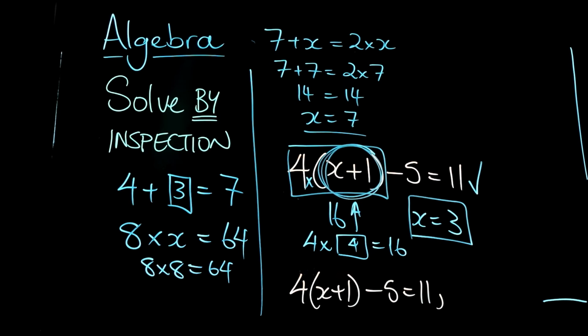You could just go comma x is equal to 3 for that to be true. And that would be a suitable way to write your answers. So I'm going to pause and clean the board and come back with a few others to work on.